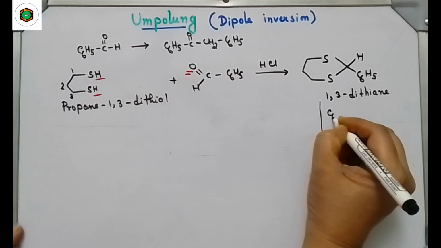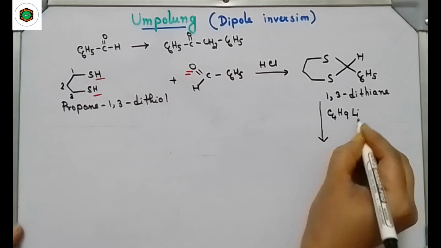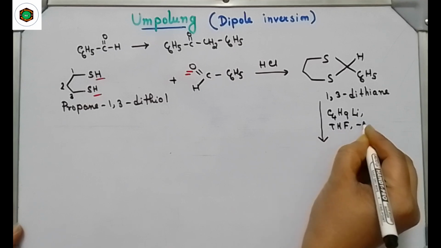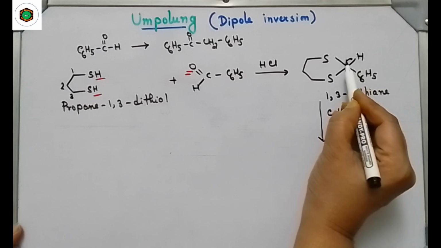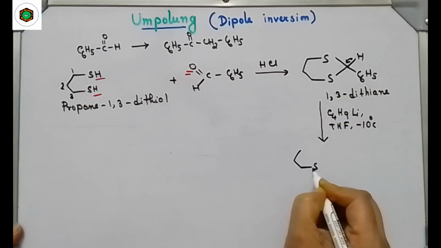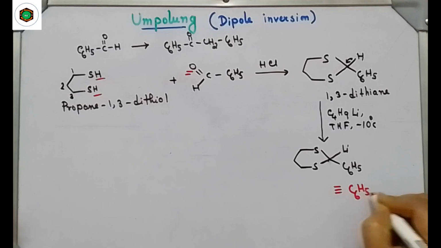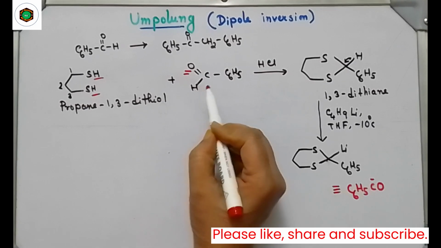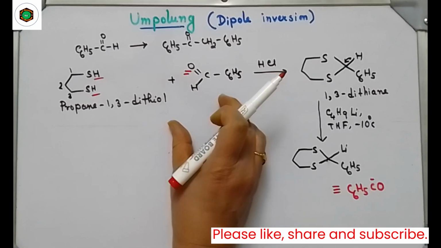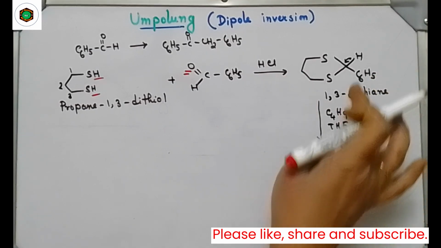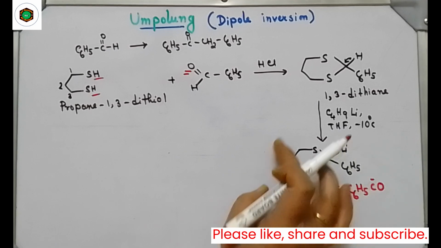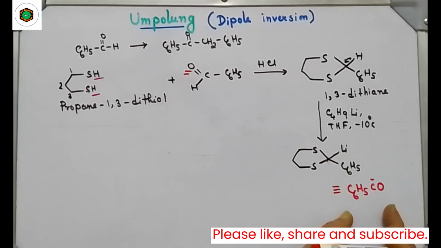If you treat it with butyl lithium, a strong base, in the presence of tetrahydrofuran solvent at low temperature, this acidic proton will be removed and you will get this benzoyl anion equivalent, the 1,3-dithiane anion. From benzaldehyde, removal of this H plus to form the benzoyl anion is very difficult, but from this compound removal of this H plus is easier and we get this anion, which serves the purpose of the benzoyl anion. So it is a benzoyl anion equivalent.